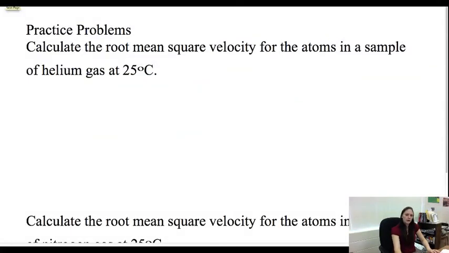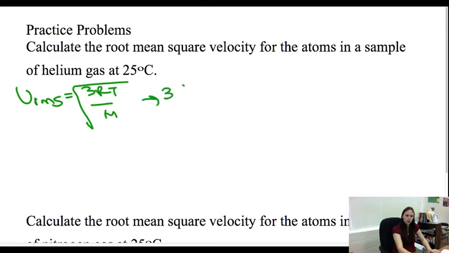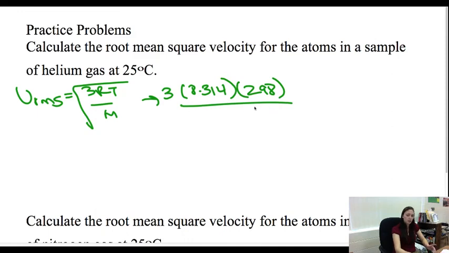Let's try a couple practice problems here. Calculate the root mean square velocity for the atoms in a sample of helium gas at 25 degrees Celsius. So root mean square is just the square root of 3RT over M. So 3 times R, and it has to be the R with 8.314 because that's the one with joules in it, times 298, all over my molar mass in kilograms.